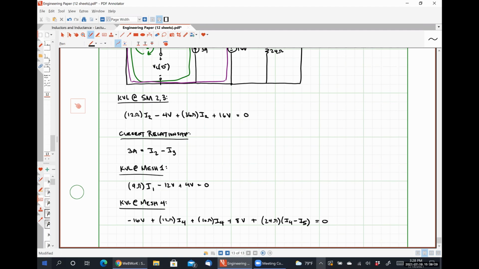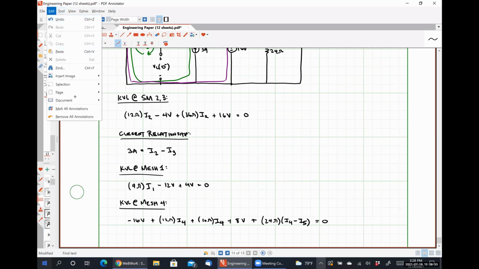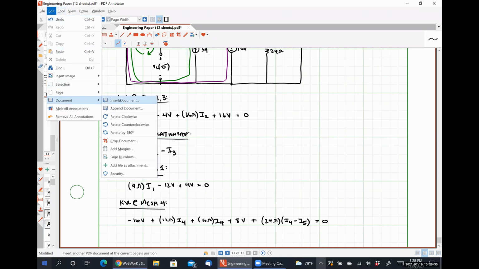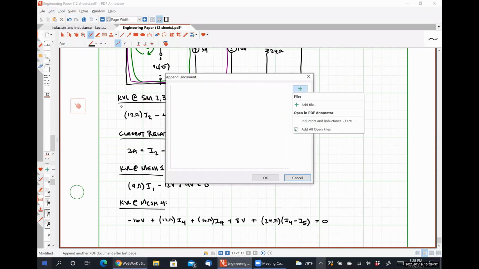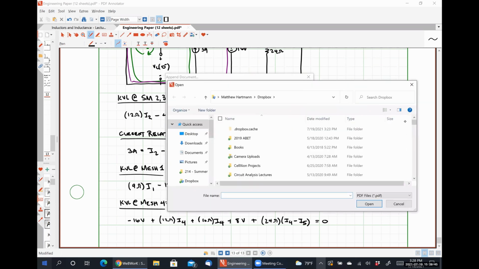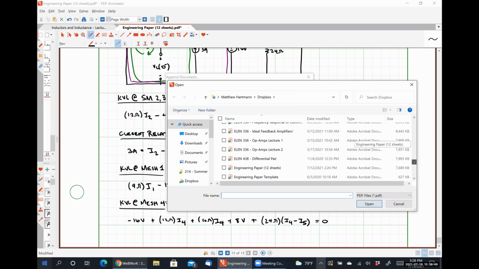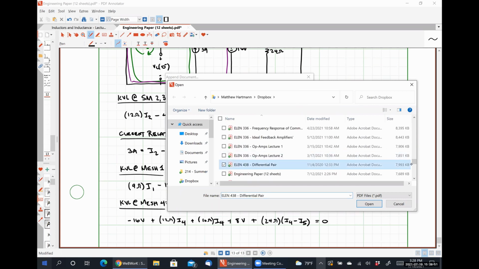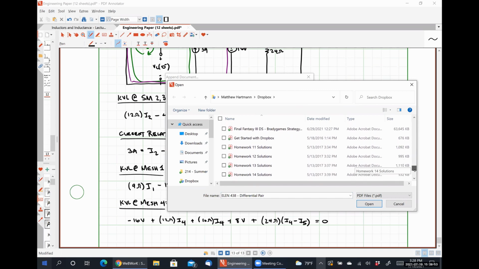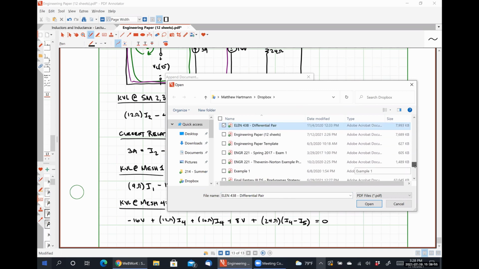And this is equal to 0. And I have to add another page. Where did it go? There we go.